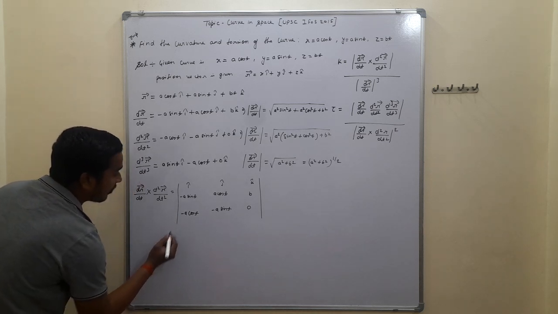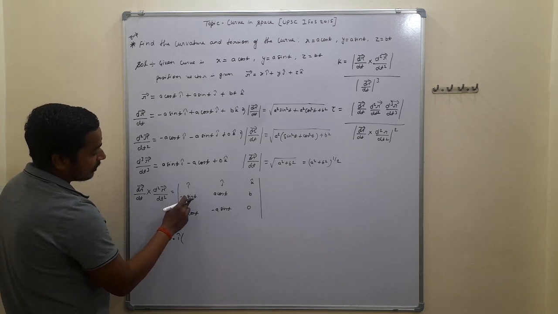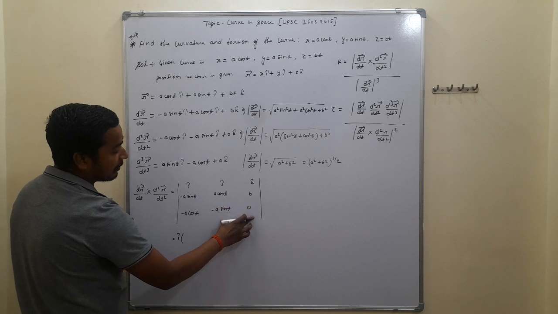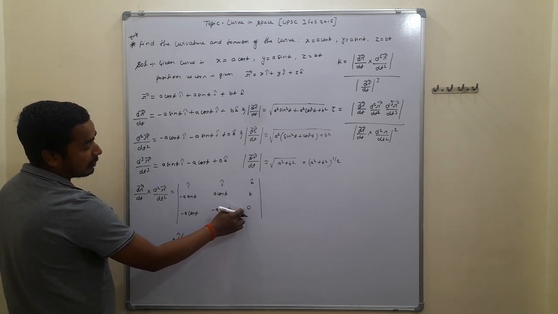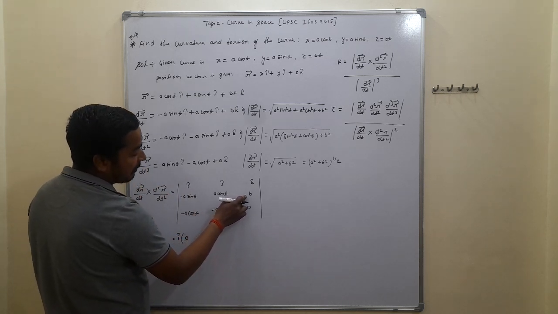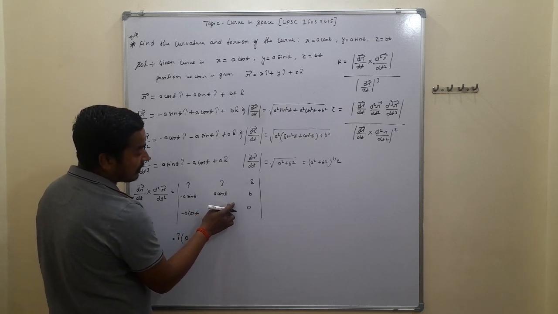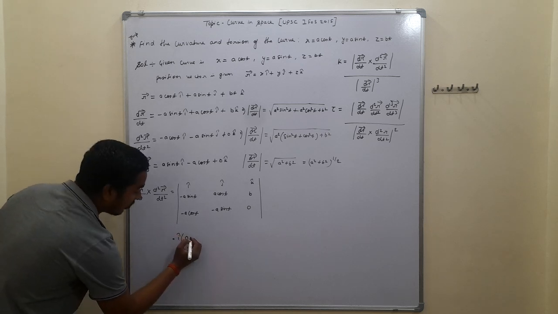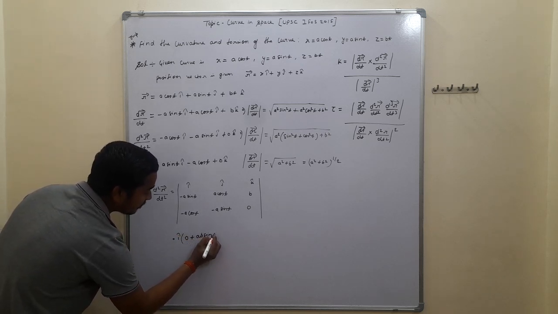First we expand with respect to i cap. This column is eliminated, and we take the operation between j and k. Cross multiplying 0 with a cos t gives 0, and cross multiplying b with minus a sin t, when we cross multiply on this side we take minus, and minus is already present, so we write plus ab sin t.